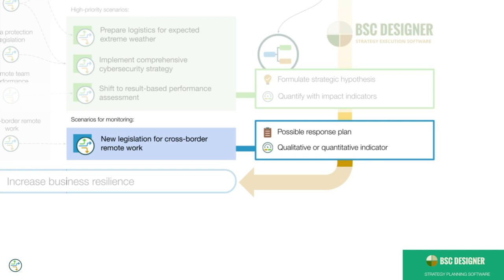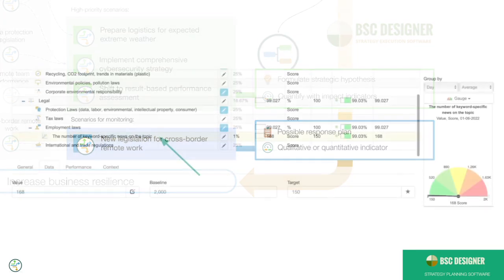In terms of quantification, it's too early to talk about readiness indicators like we did in the case of business continuity scenarios. We don't have enough detail to give a good estimation of potential impact like we did for high priority scenarios. What we can do is find an early sign indicator, an indicator that would warn us about the increasing possibility of the scenario.